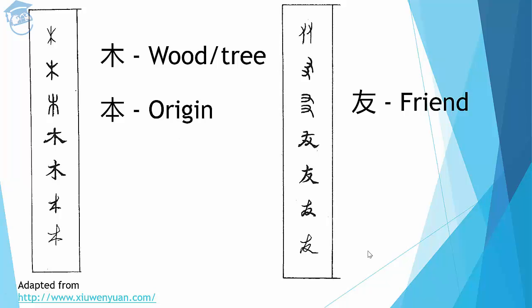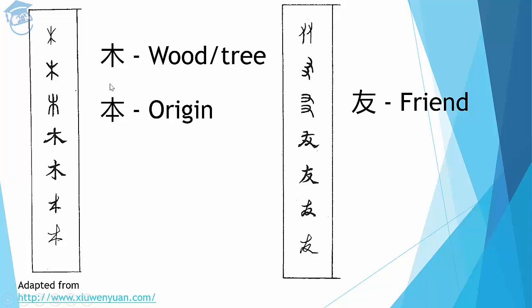And so the things that I've just talked to you about are visual things that we can see. But what about abstract nouns like origin, friends, or even adjectives like good?